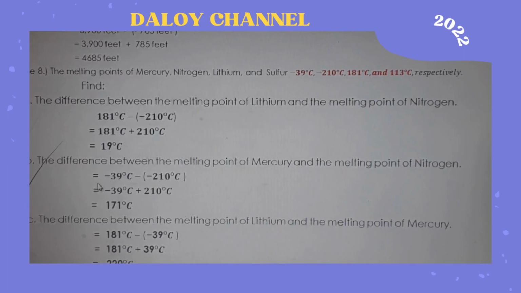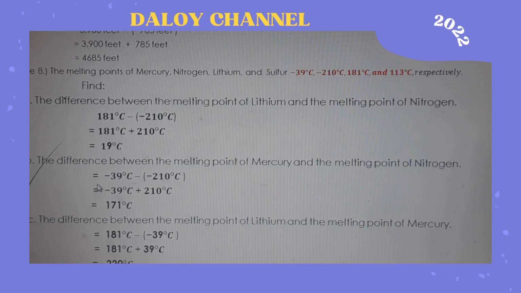For letter B, we are required to find the difference between the melting point of mercury and the melting point of nitrogen. So for mercury, we have negative 39 degrees Celsius to be subtracted by the melting point of nitrogen, which is negative 210 degrees Celsius.